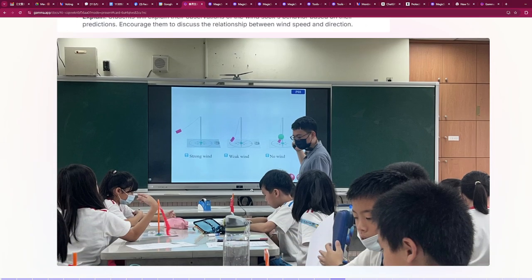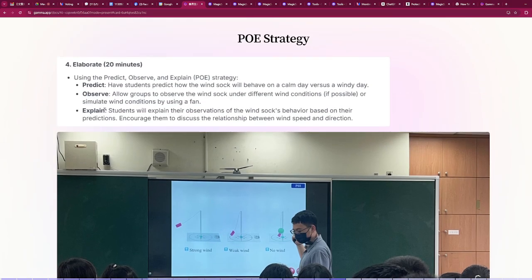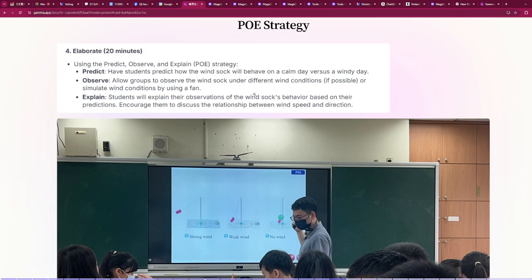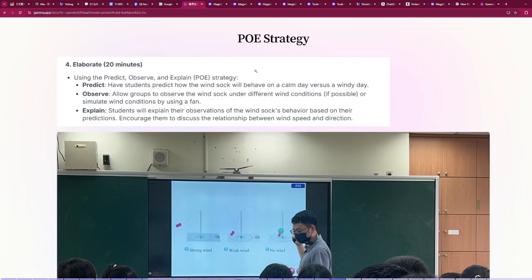All right, so actually in this class, this POE was not done, but this is what was suggested by the professors in the science department of how it should actually be carried out. So I think having this strategy included in lesson planning using AI is very user friendly.